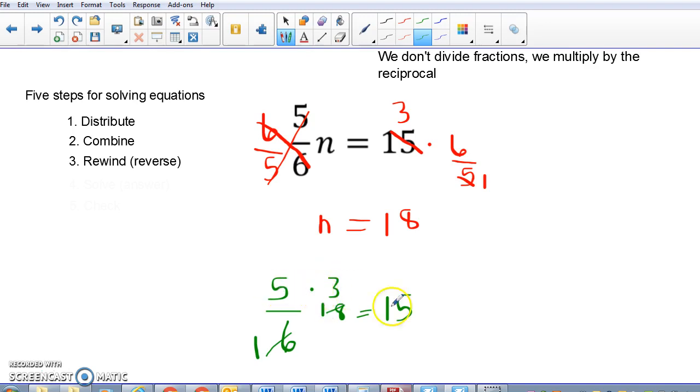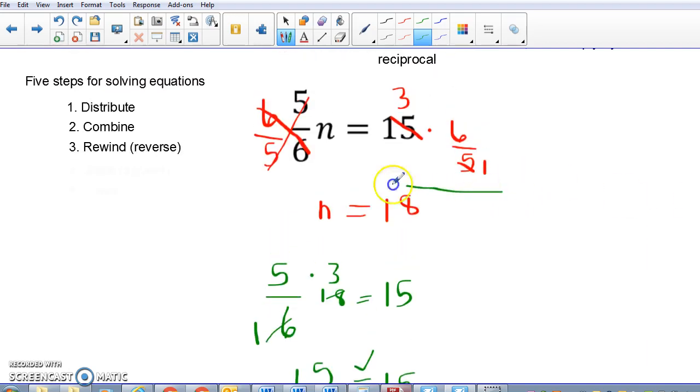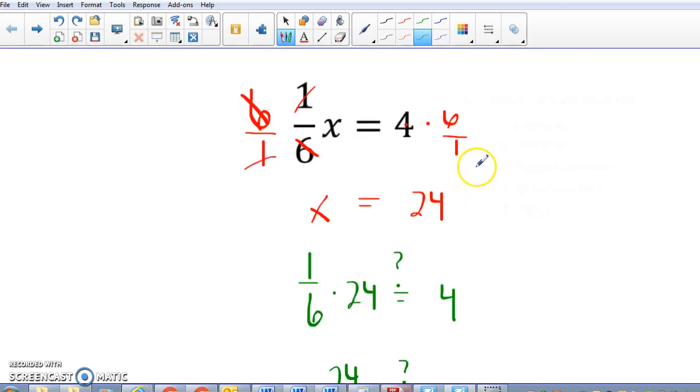And 5 times 3 is 15. And I apologize. It's good to have a line like that on each one of these, just to show what step you're on.